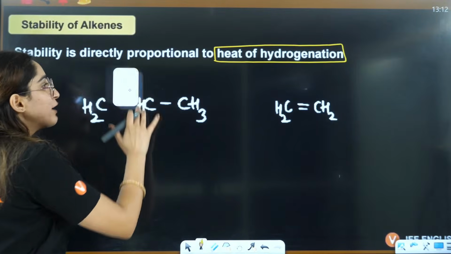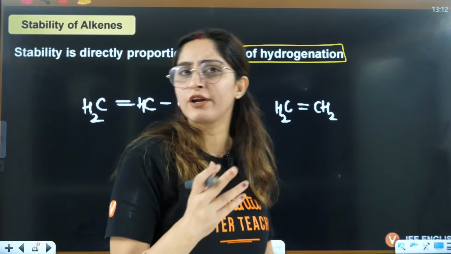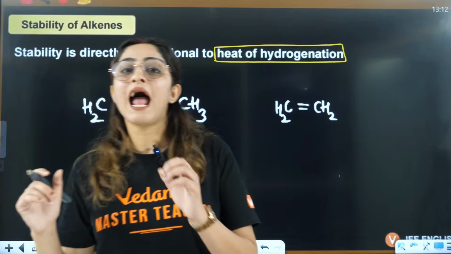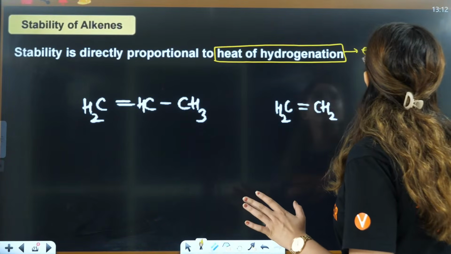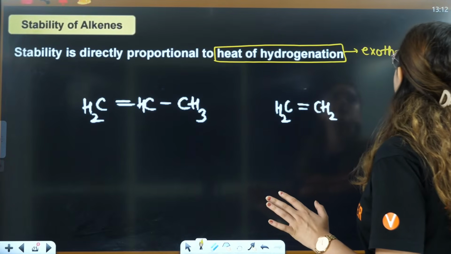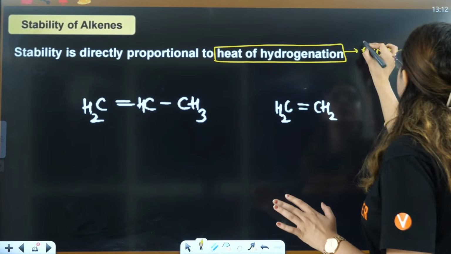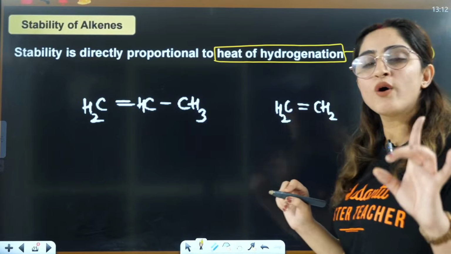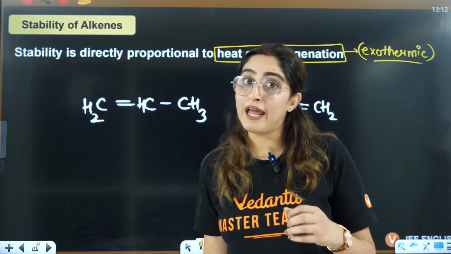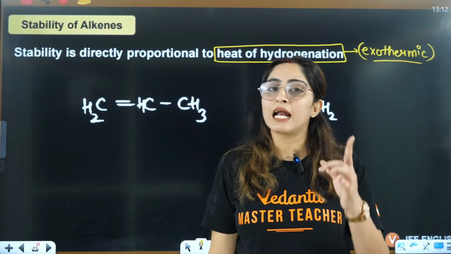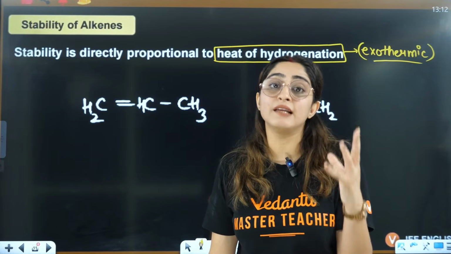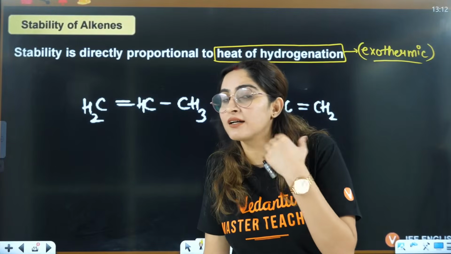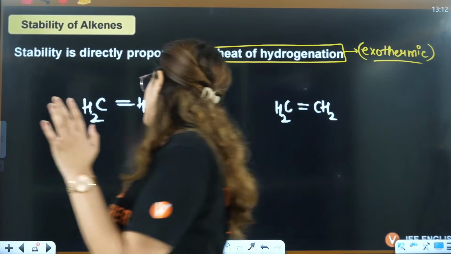The heat of hydrogenation will be different for different alkenes, and it will always be exothermic. This heat is going to be released. So the more stable an alkene is, the more heat of hydrogenation it has released. That's why that alkene is under the category of more stability.